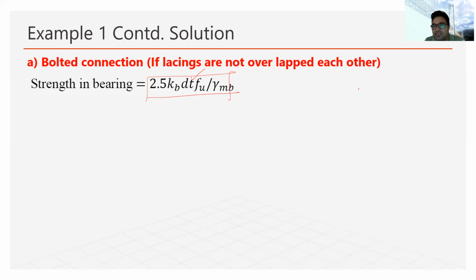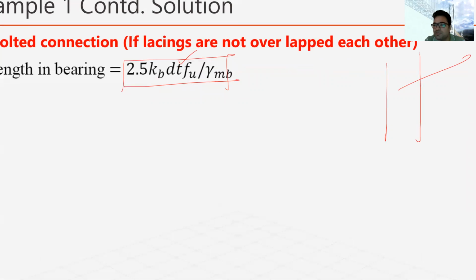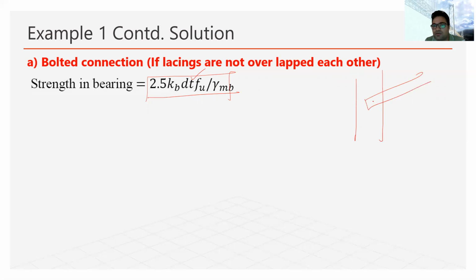This is the part where we have to connect the bolt. In this case, the thickness of this bar and the thickness of this section, which is actually the channel section we are connecting here. So the least value of the channel section thickness and the thickness of the bar will be taken.